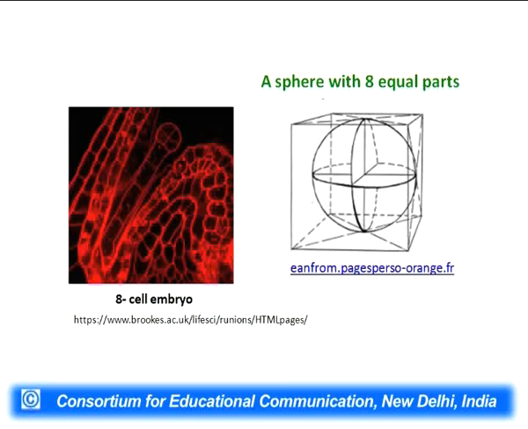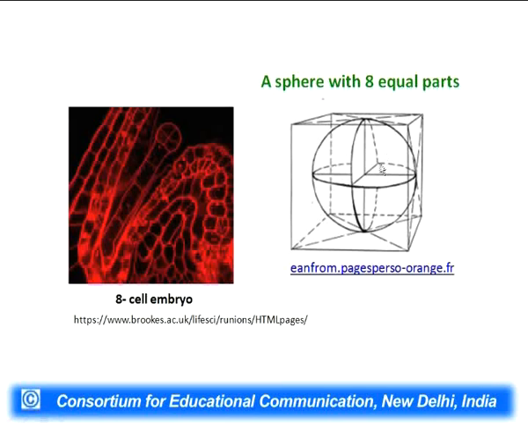Now, if you say that all of them must be equal in size and shape, then the cell structure will be what is shown in the right side cartoon. And here the globe is first divided into 4 quarters and each quarter is then divided again.